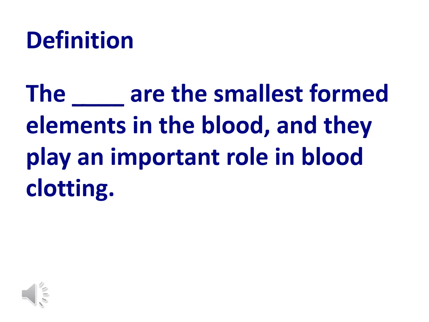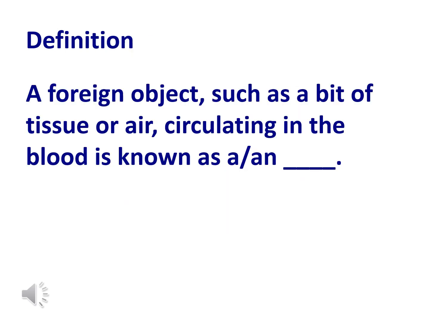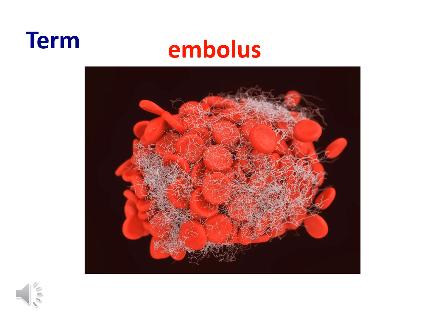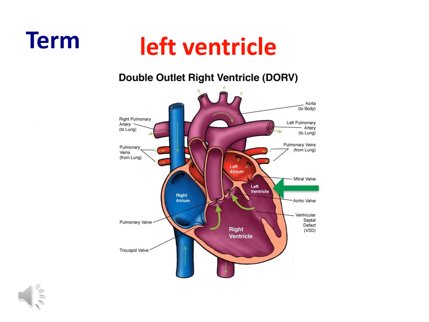What are the smallest formed elements in the blood, and do they play an important role in blood clotting? Those are called thrombocytes, which are platelets. A foreign object, such as a bit of tissue or air, circulating in the blood is known as what? It means embolus. What carries blood to all parts of the body except the lungs? That is the left ventricle.